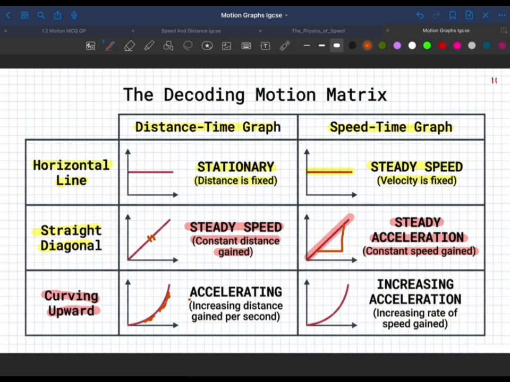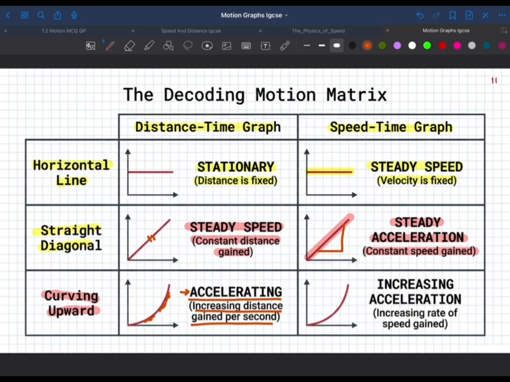So it means that the body is accelerating if you have a distance-time graph and the gradient is constantly increasing. So simply you will say increasing distance with increasing distance per second means the gradient is increasing at an increasing rate, and this is nothing but the acceleration. So this is very important.